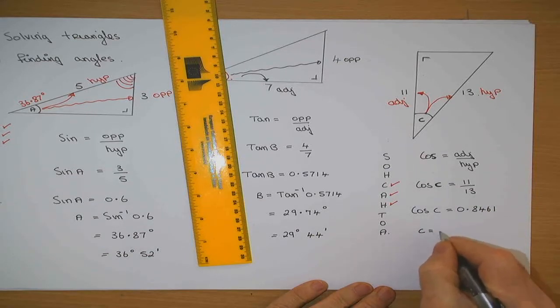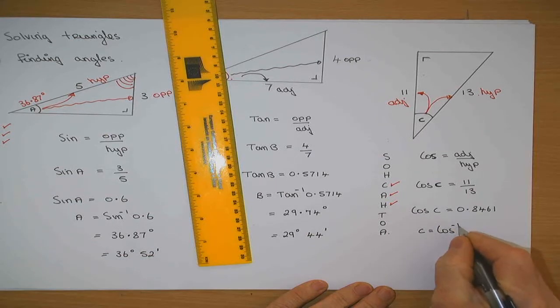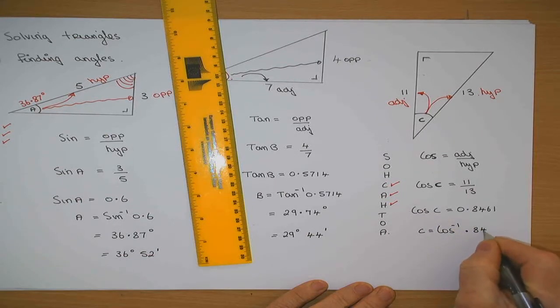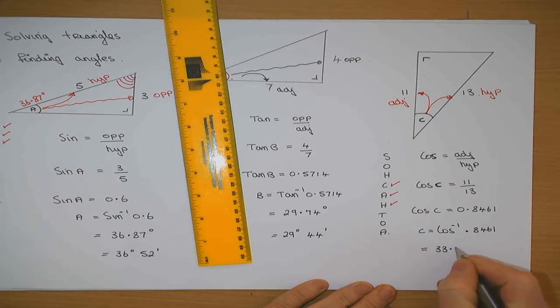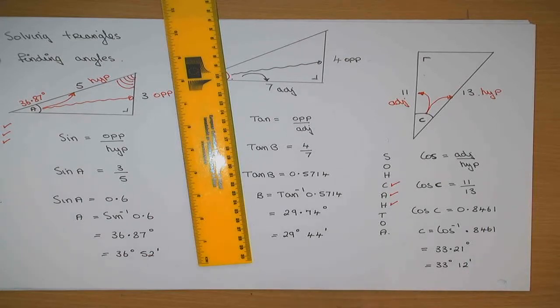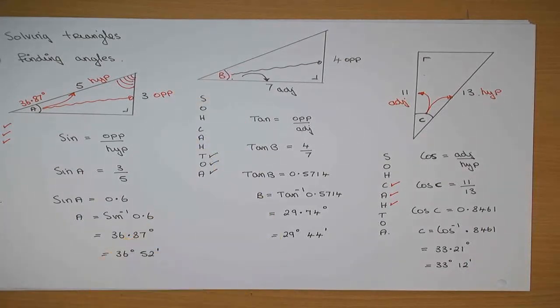So C then is equal to the cosine inverse of 0.8461, which is 32.21 degrees, which is 32 degrees and 12 minutes. Now I need your attention back here for a moment.